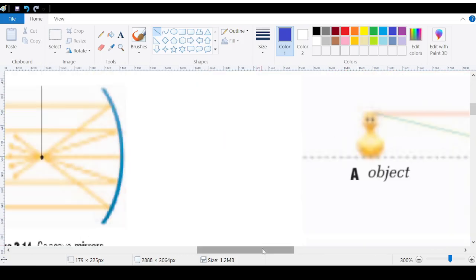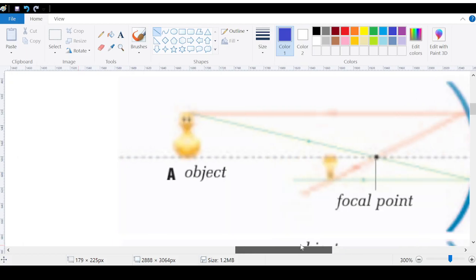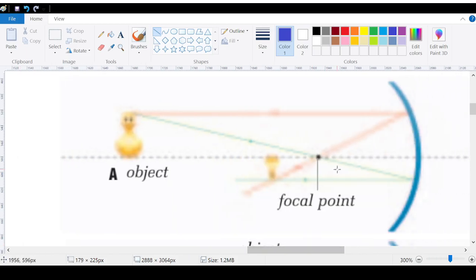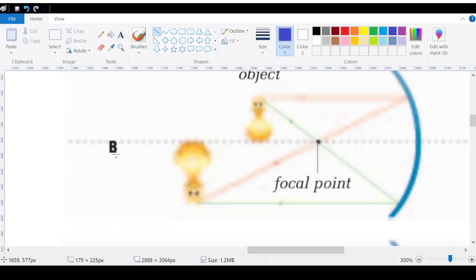So just to recap, there's four things that can happen with a concave mirror. You can end up with an image that's smaller and upside down. This happens when the object is far away from the focal point, behind it. You can end up with an image that is larger and upside down.